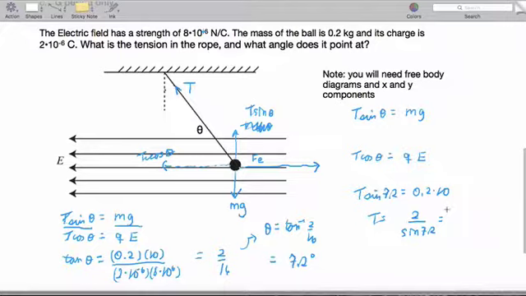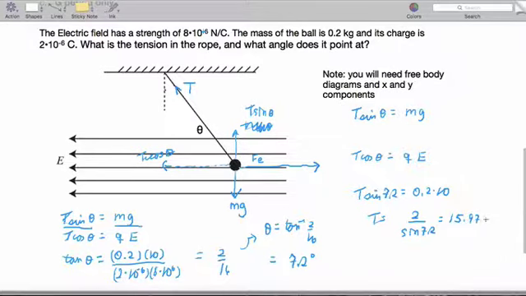Bear with me, everybody, because I'm too lazy to pause this video. Sorry about that. All right, the sine of 7.2 is 0.12, and when I take the reciprocal of that and multiply by 2, I'm getting about 15.97 newtons.